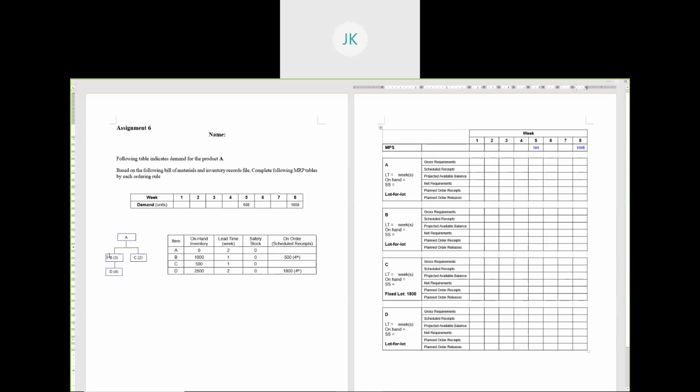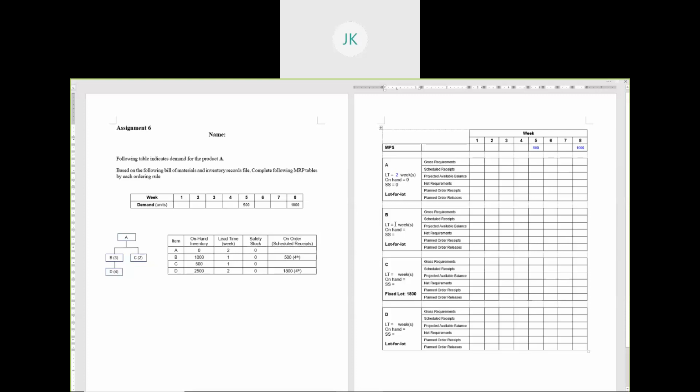Lead time for A is 2 weeks, on hand 0, safety stock 0, and there is no scheduled receipt.